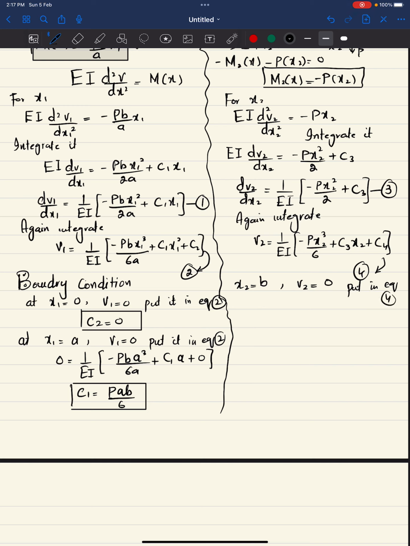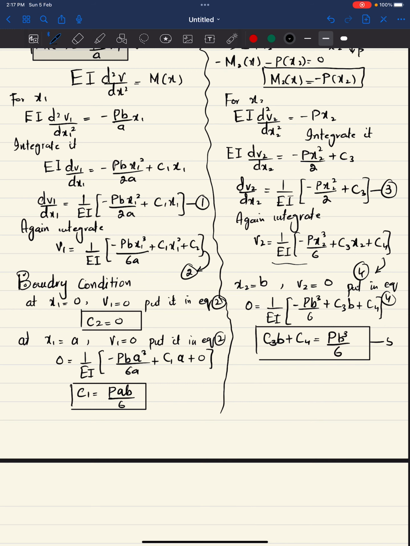This is equation number 4, so 0 equal to 1/(EI), and this is minus Pb³/6 plus C3 x2, where instead of x2 we will use b, C3 into b plus C4. So from here you will get C3 into b plus C4 equal to Pb³/6. So this is your equation number 5.